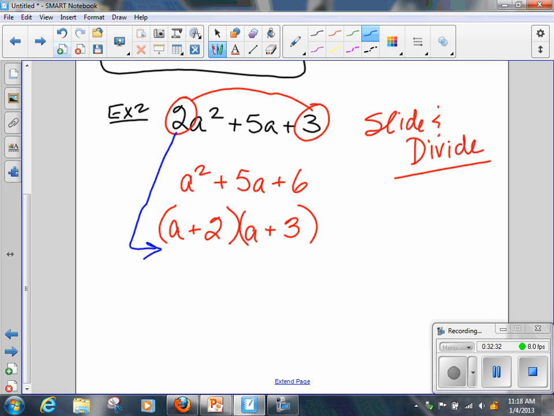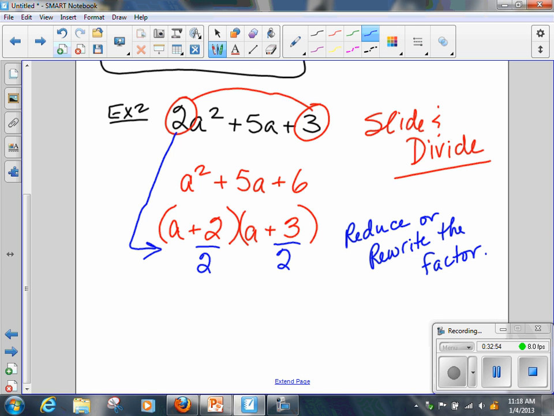What do I have to do with the 2 now, folks? I have to bring it down and I have to divide it into both of those numbers, okay? We either have to reduce or rewrite the factor. What is she talking about?